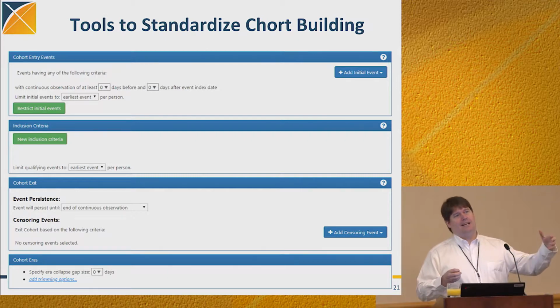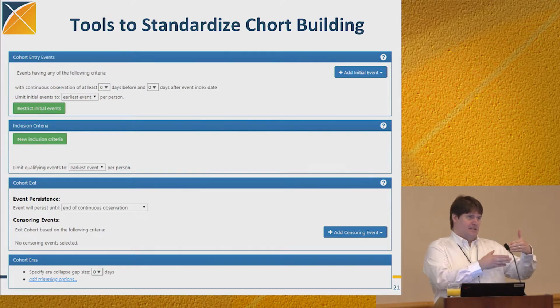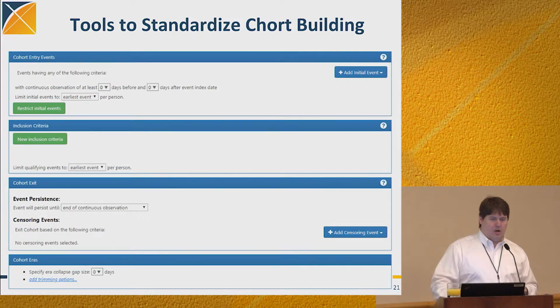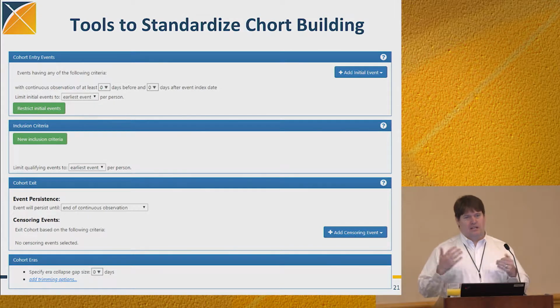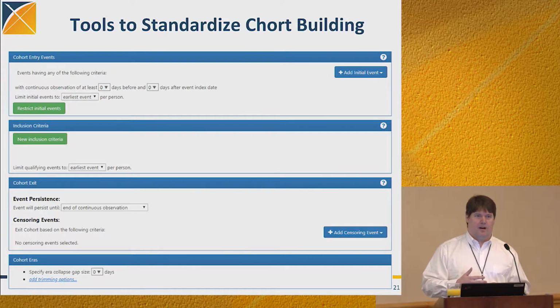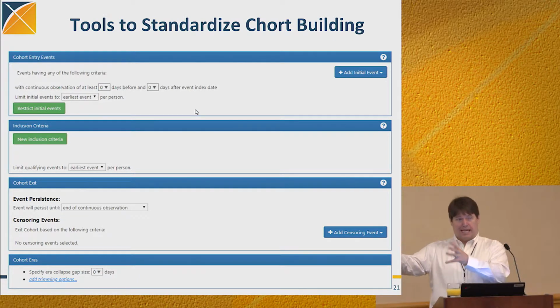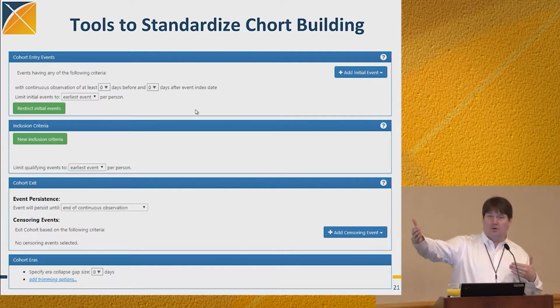You could have entered, but because you didn't match these additional rules, you actually didn't make it. So the cohort entry events are a way of selecting candidates for entering the cohort. And at this point, you can specify the continuous observation requirements and which domains of data you want to use.